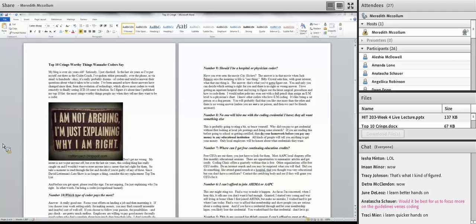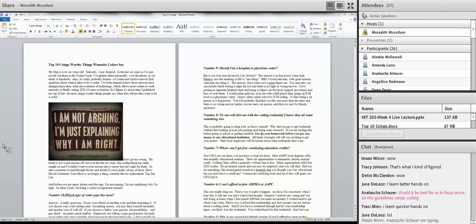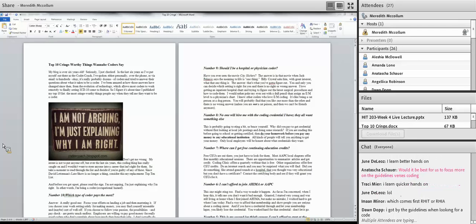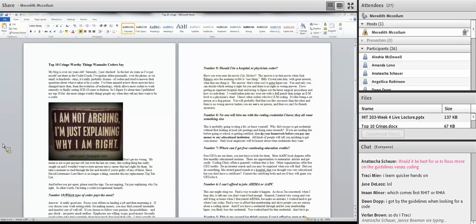It's not going to be about finding a code. So I definitely suggest guidelines. If you can find somebody, RHIT comes first. RHIA is the 4-year.